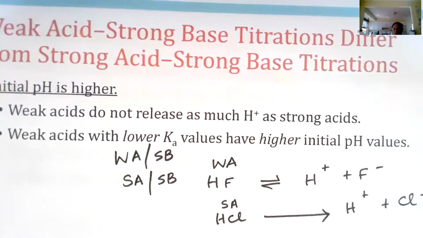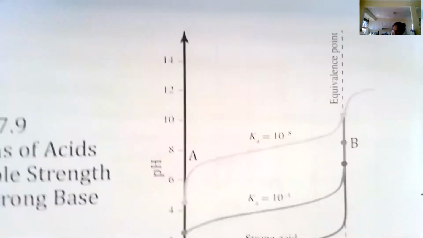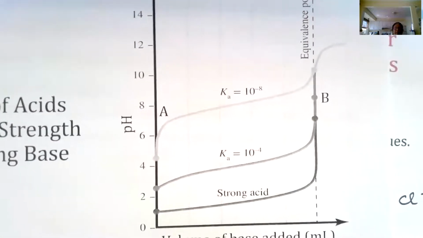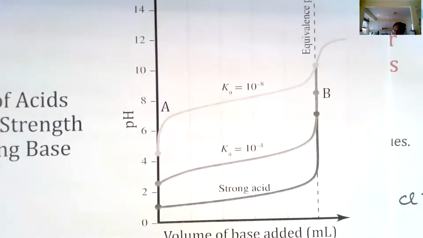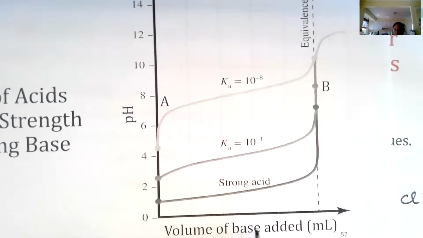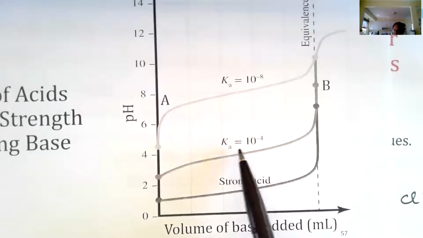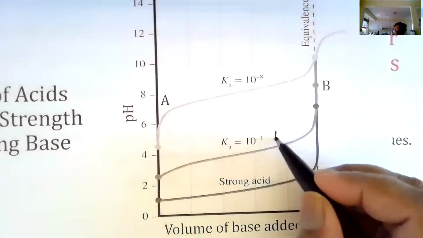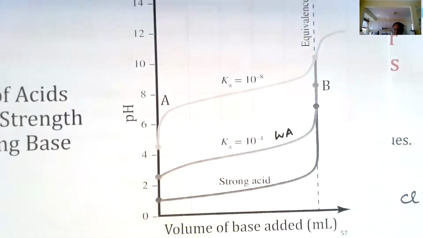I'm going to show a picture from slide 57. This is a strong acid, strong base titration. And this is a weak acid, strong base titration curve. Look at the differences.